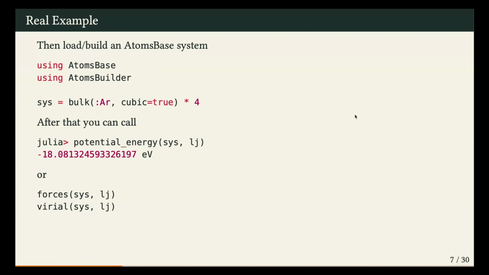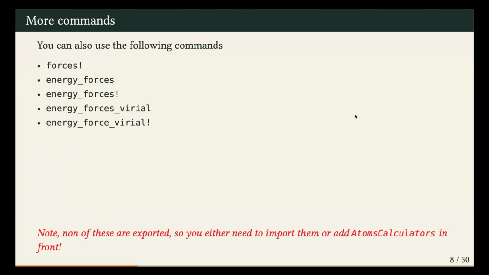With AtomsCalculators, you of course now have units, based on Unitful. Here you can see the energy unit, and the same goes for forces and virial. Basic stuff. And then there are these kinds of commands as well.